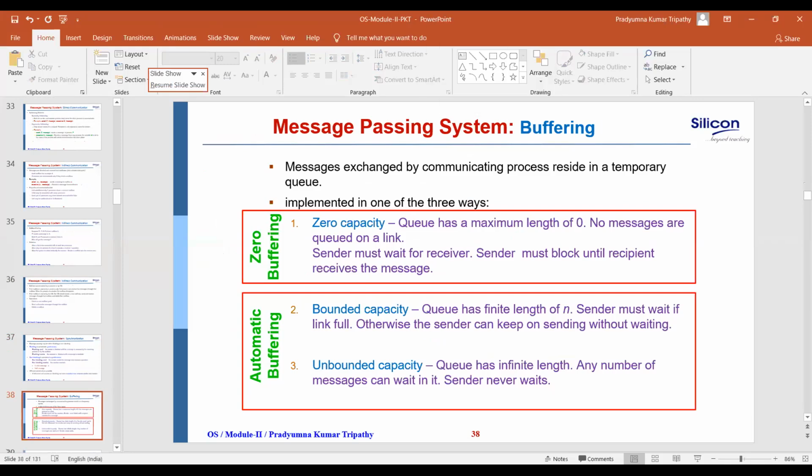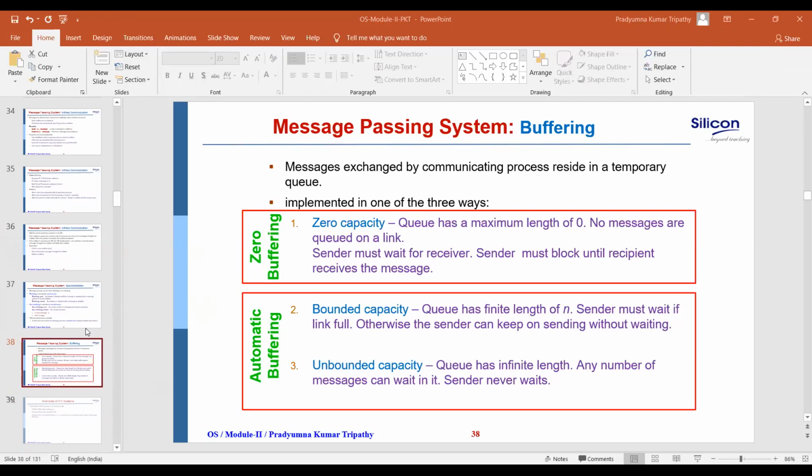Correct. So this is about the inter-process communication. These are many conceptual things only. The theoretical things are there, so you have to go through these slides again to understand because we have covered many things today.